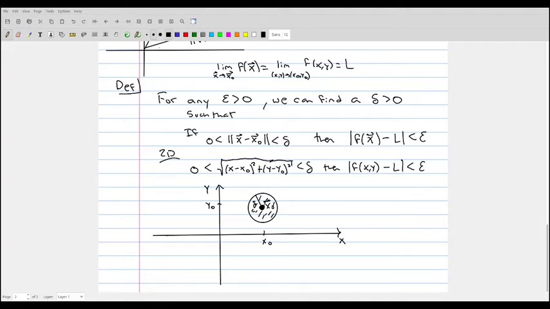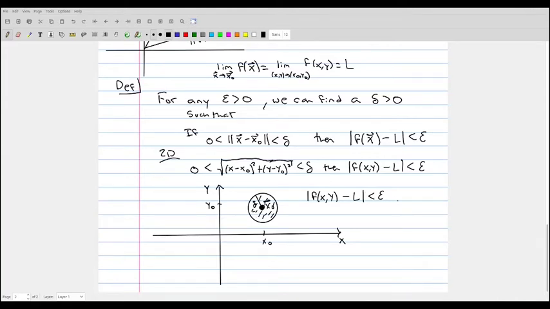The limit is saying that for any value of epsilon, no matter how small you want to make that value of epsilon, you can find a value delta such that within this delta region, so if you're inside this region right here, then the value of the function in this region minus the limit is always going to be less than epsilon. So the function is within epsilon of the limit.